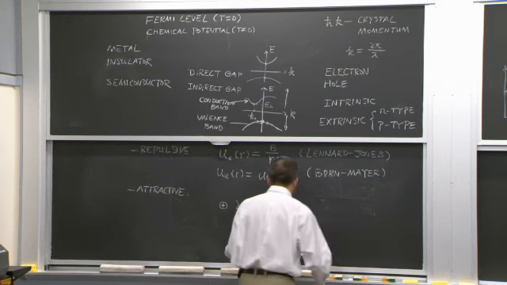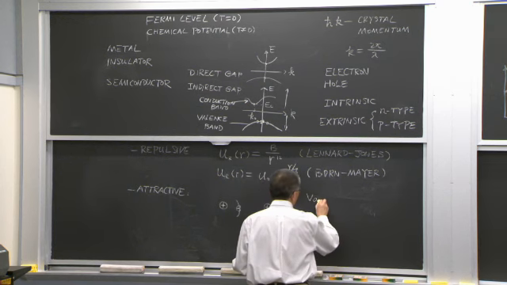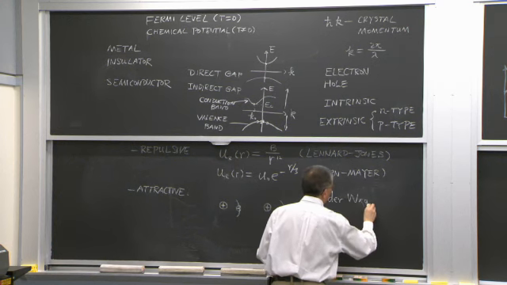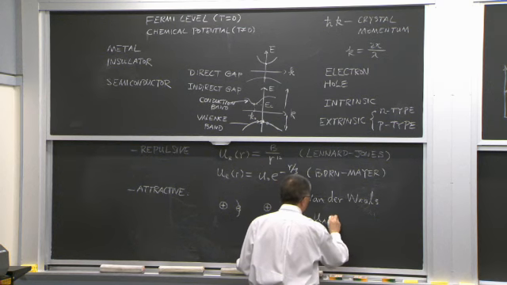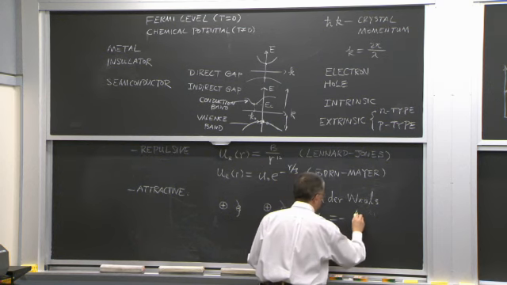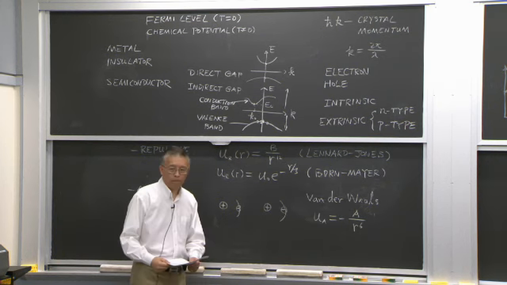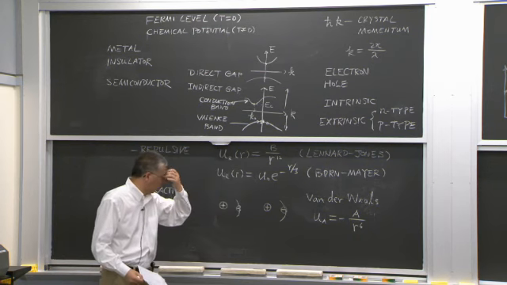Okay? So this attractive force is the van der Waals force. And the attractive part goes as A over the separation to the 6th power. And repulsive is positive, attractive is negative.